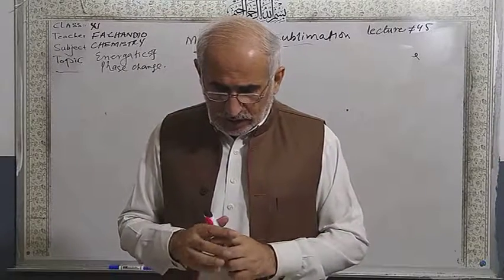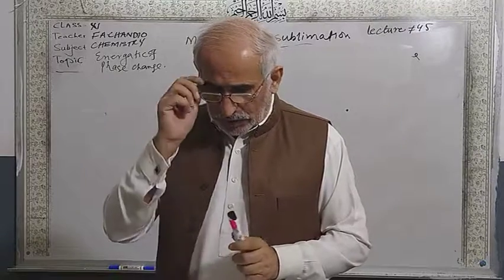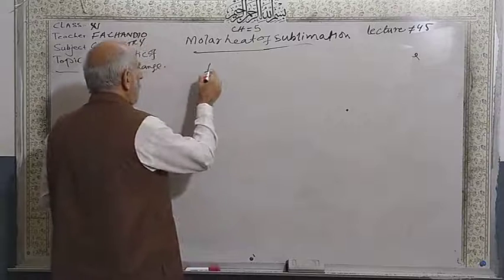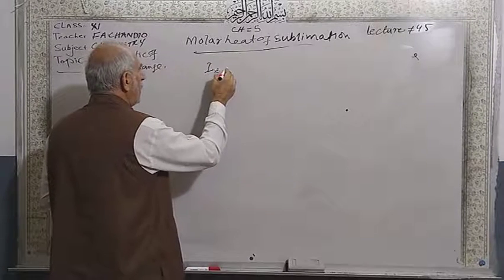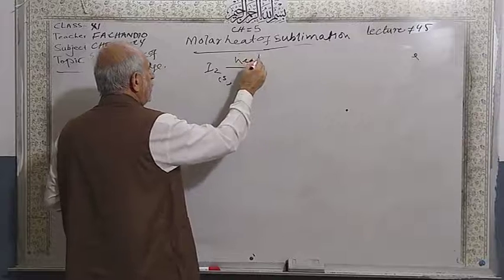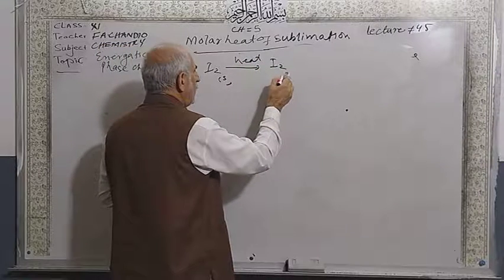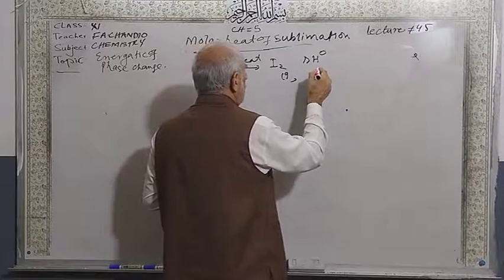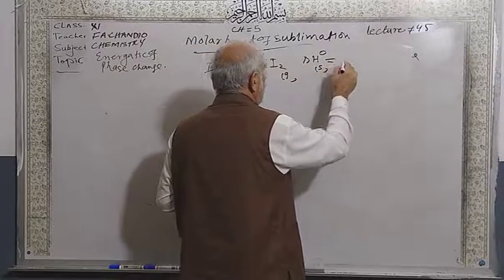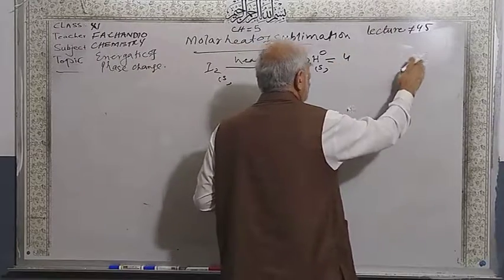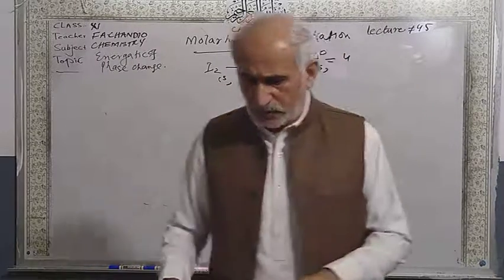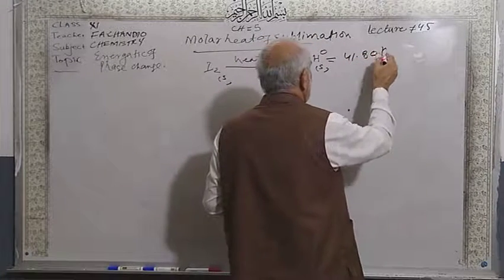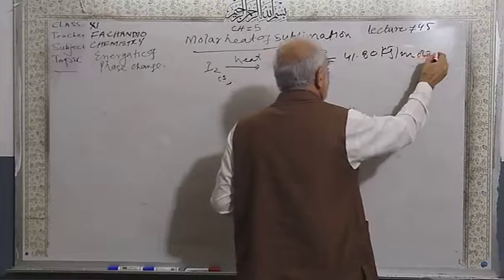So students, iodine. Solid iodine is heated to give iodine in the gaseous state. So delta H naught of sublimation is 41.80 kilojoules per mole.